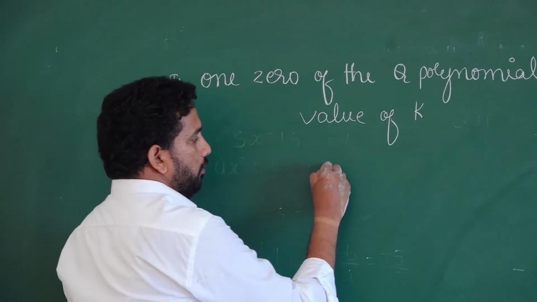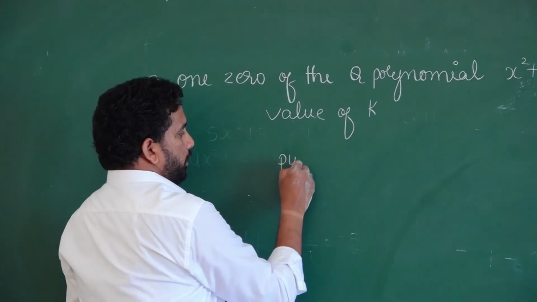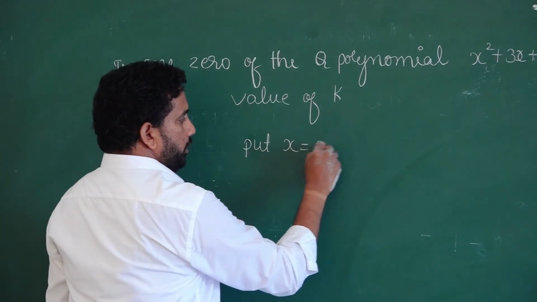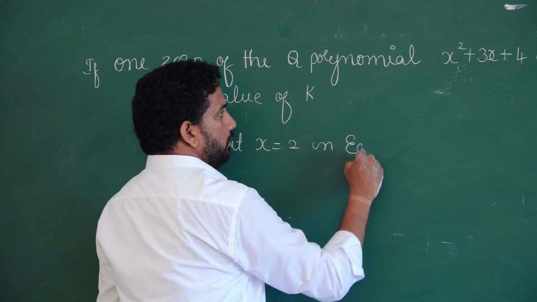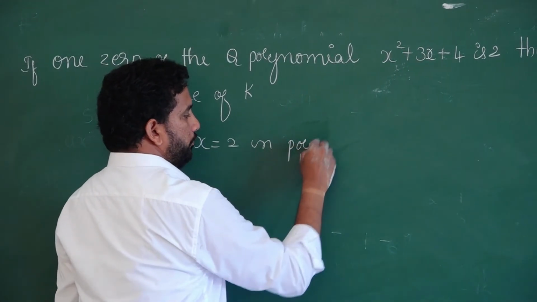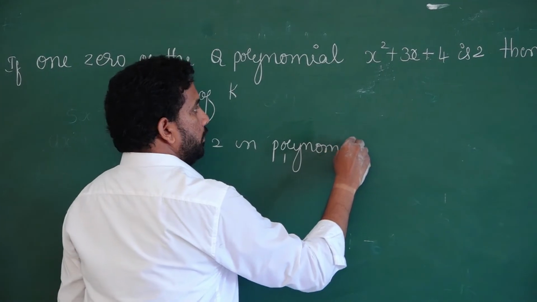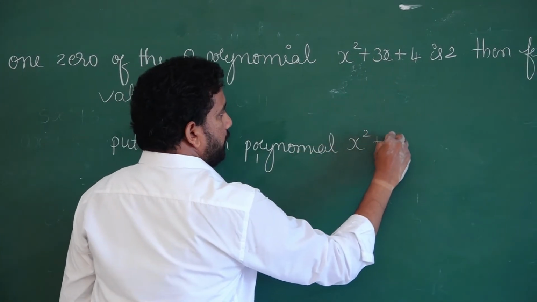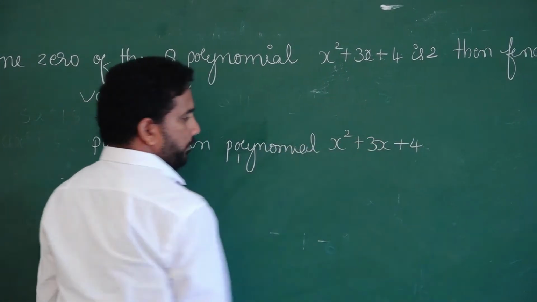Okay, so we have to put x is equal to 2 in the polynomial x square plus 3x plus k, and we get the k value. Just substitute x is equal to 2 in the equation.